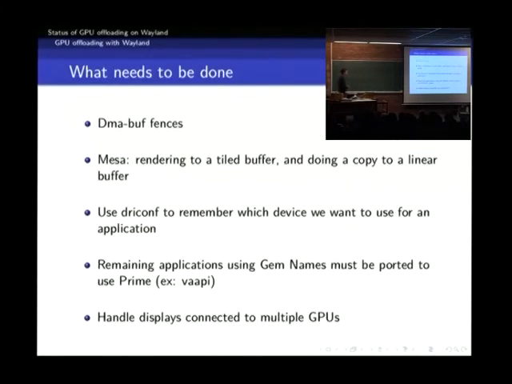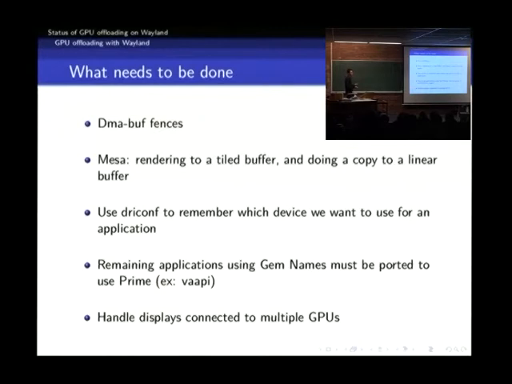What needs to be done is DMA fences. As I said, it's the most wanted feature. We also need to handle the copy in Mesa, but once DMA fences are coming, I think we will add it pretty soon.